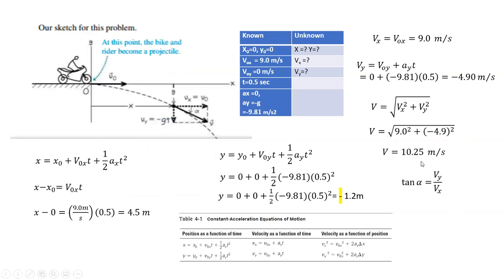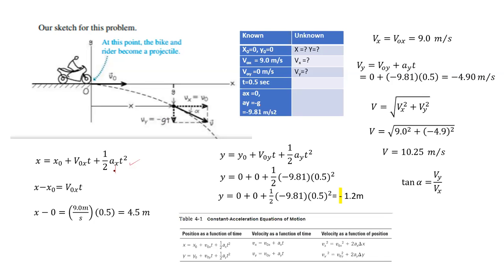Don't be scared by looking at all those equations. Go step by step. I'm not memorizing anything, I just start from here.